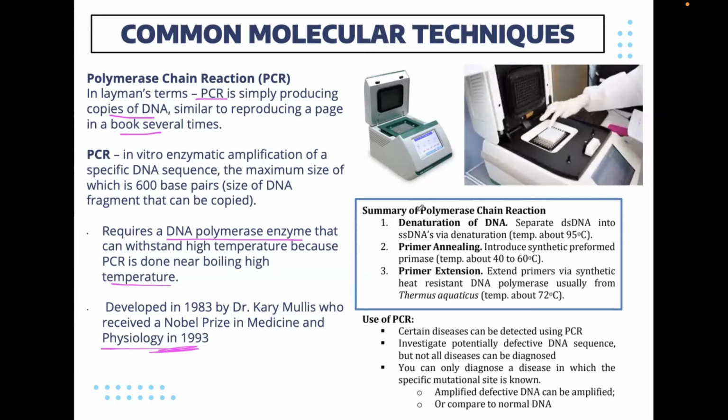Okay, for the summarization of your polymerase chain reaction, we have the three major processes wherein your denaturation, annealing, and extension are all involved. So, dissect natin siya isa-isa. Your denaturation of DNA, it is the separation of dsDNA into ssDNAs via denaturation. Pag sinabing denaturation, it is the breaking of the linkages.